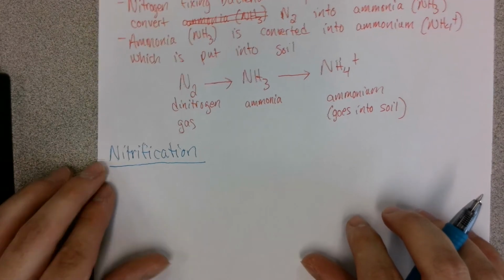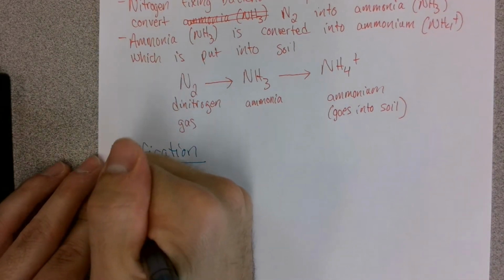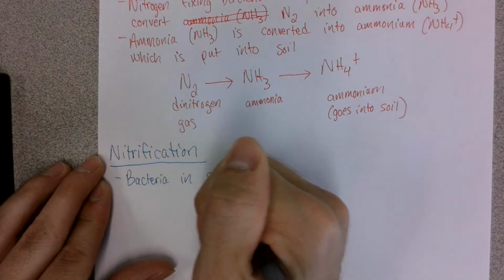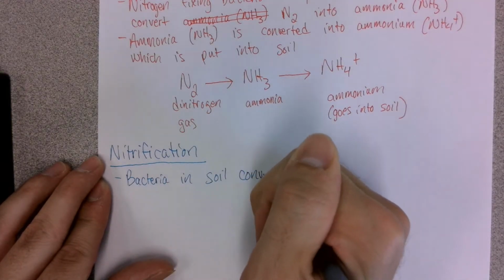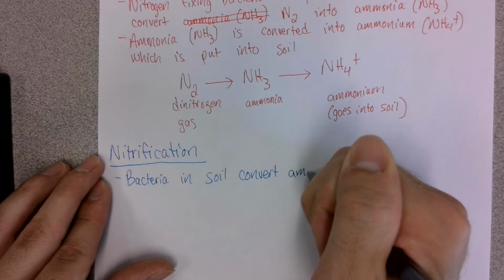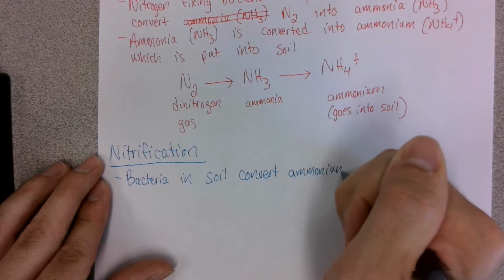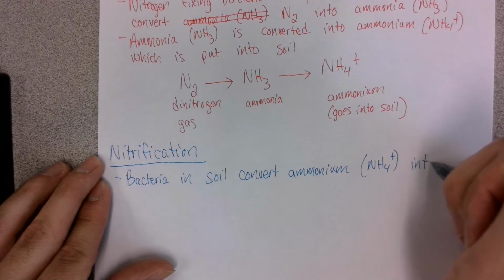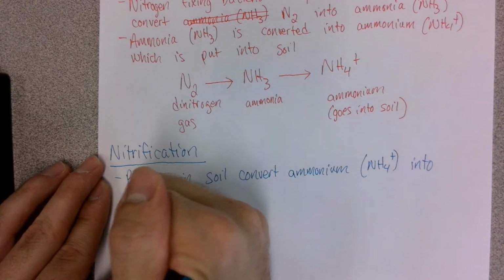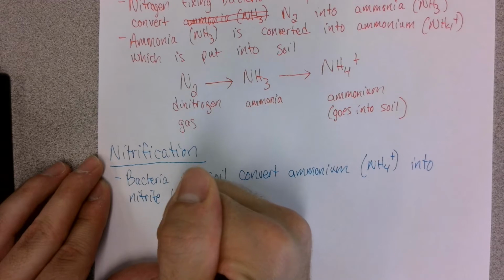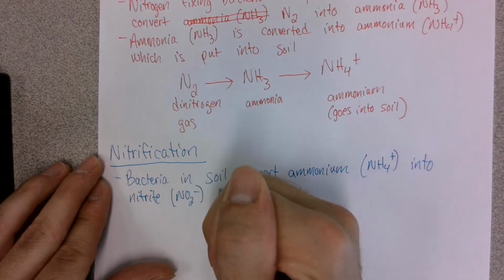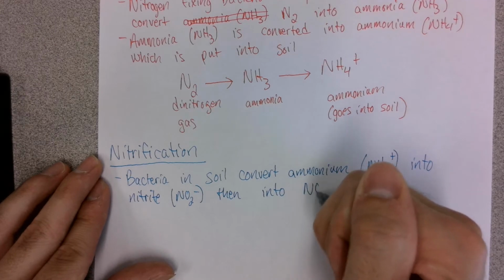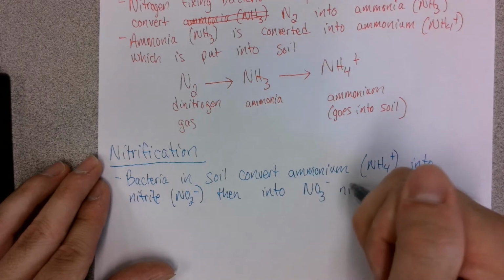In nitrification, bacteria in the soil convert ammonium, which is NH4 plus, into nitrite, which is NO2 minus, then into NO3, which is nitrate.